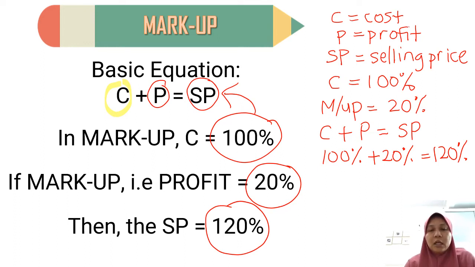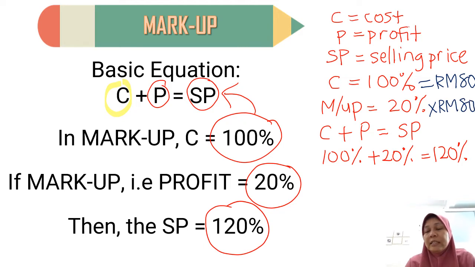So if the cost, let's say, is 80 ringgit, 80 ringgit is represented by 100%. And the markup is 20%, meaning that we multiply 80 ringgit with 20%.